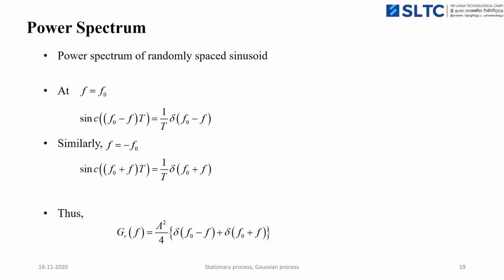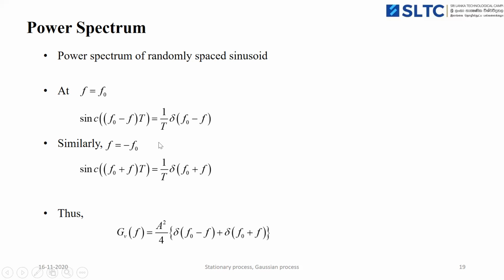Now consider f equal to f naught. What has happened? It becomes sinc 0, and at sinc of 0 the sinc function has its maximum value. The maximum value occurs at 0, so when f naught minus f equals 0 we get the maximum value, which is 1 by T times delta of f naught minus f.